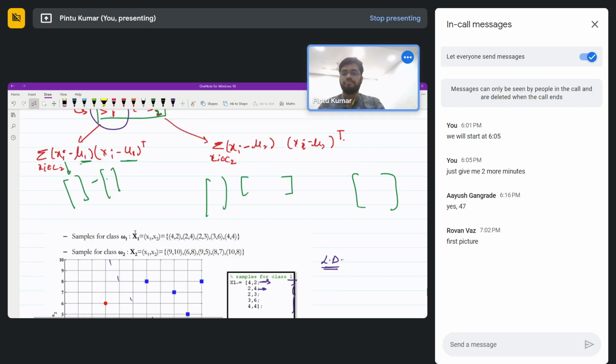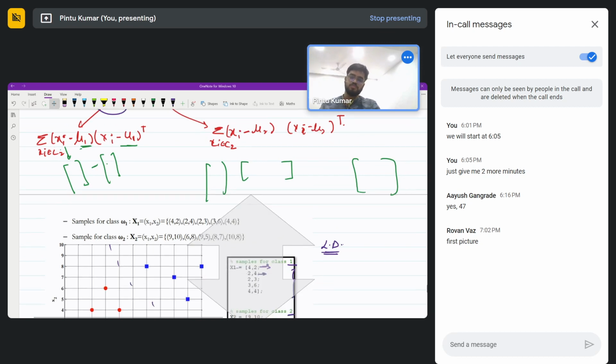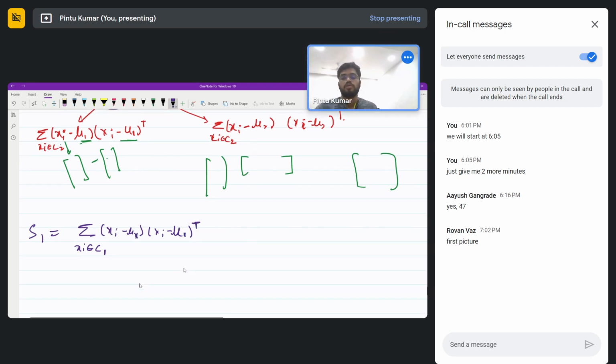Now, what is my S1? S1 is given as the summation over xi belonging to class 1 of xi minus mu1 times xi minus mu1 transpose.